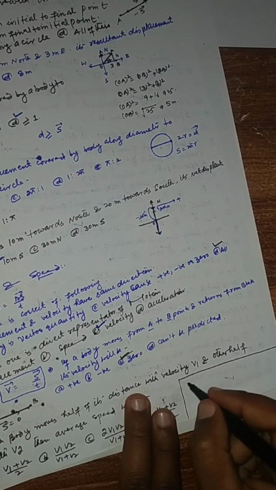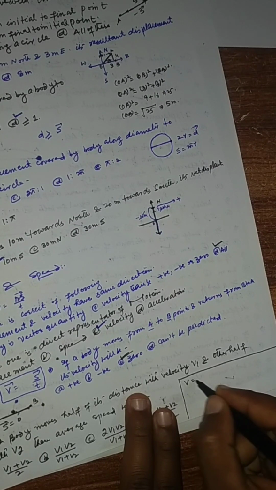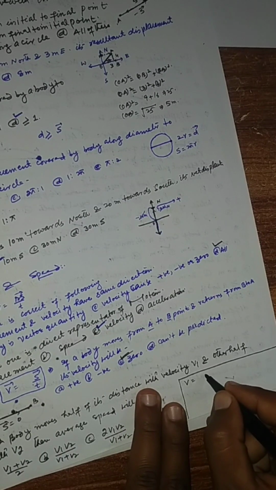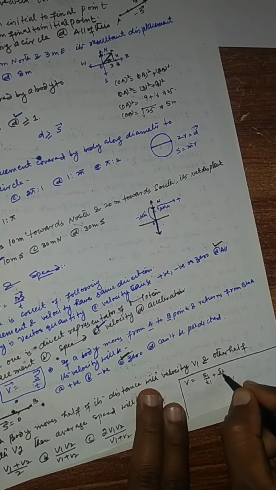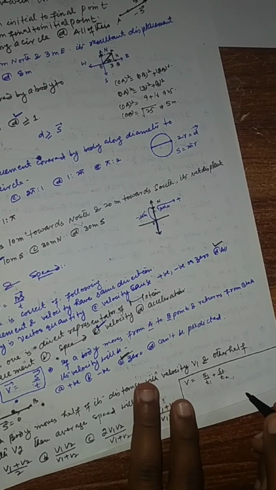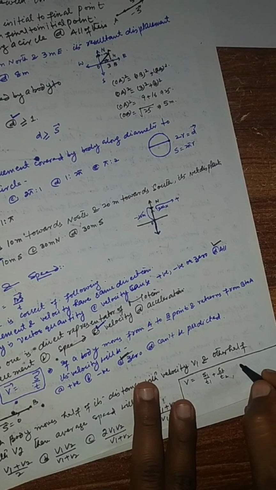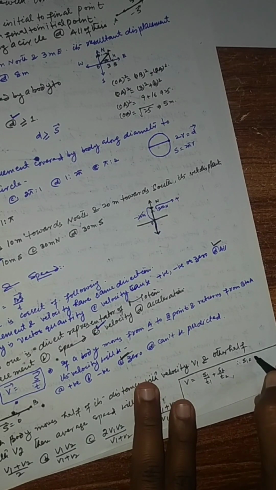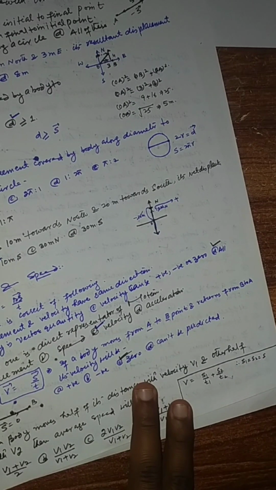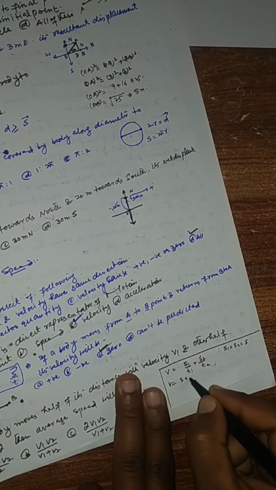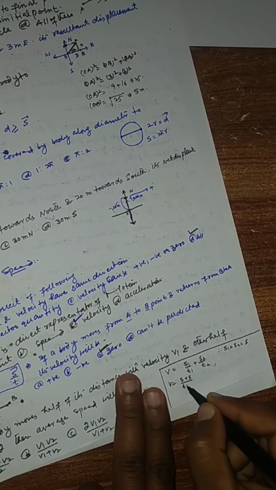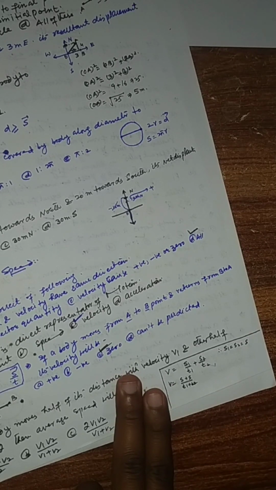But how? We say velocity is equal to s1 over t1 plus s2 over t2. Okay, if distance is the same, then we can write s plus s over t1 plus t2.